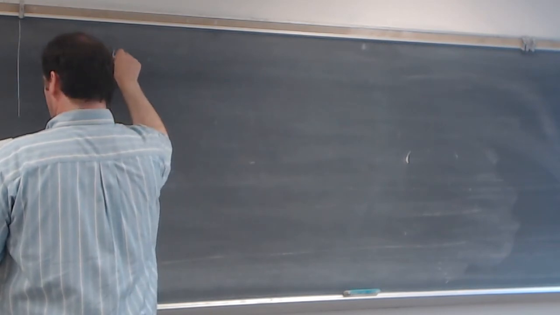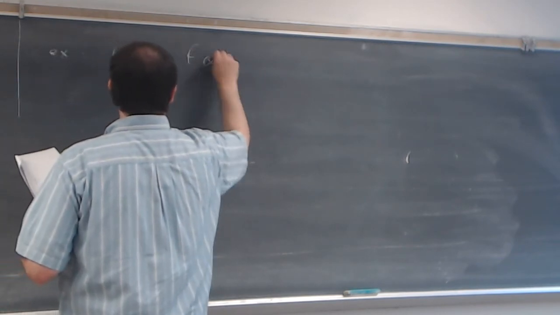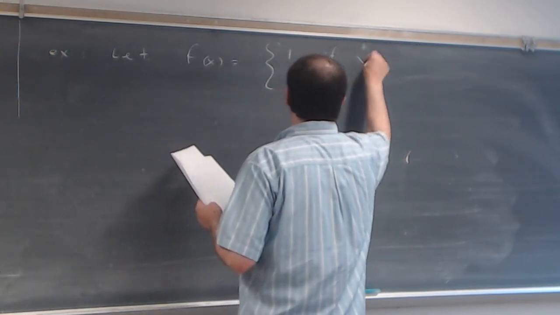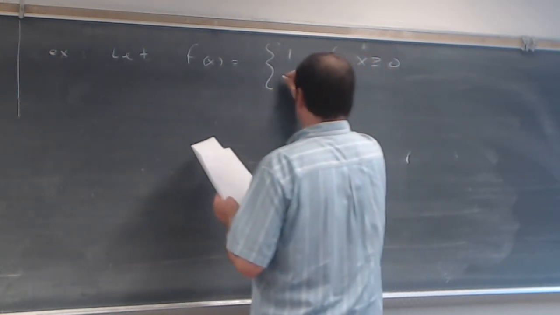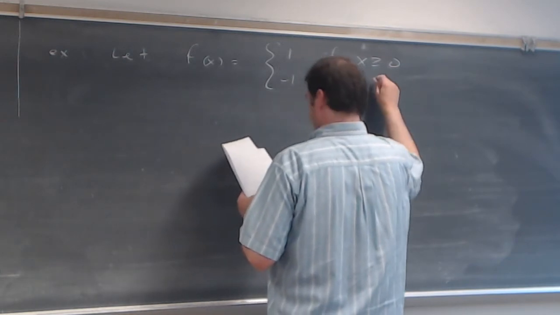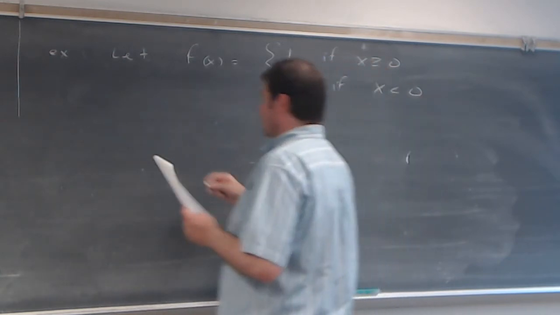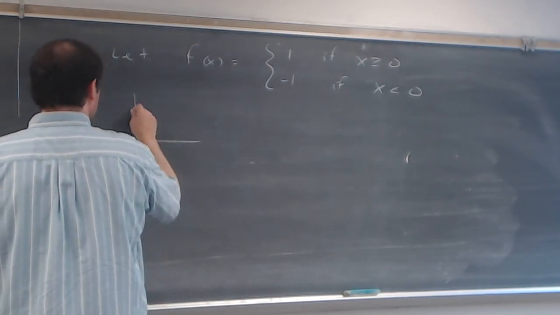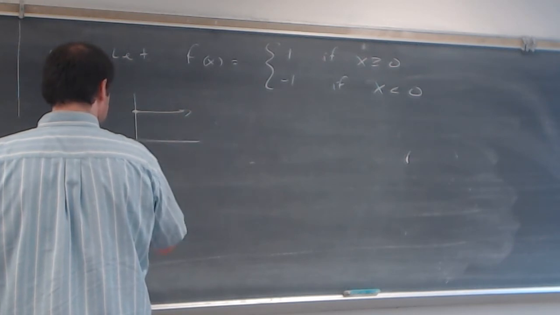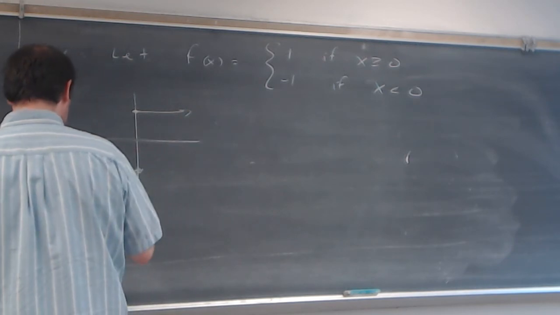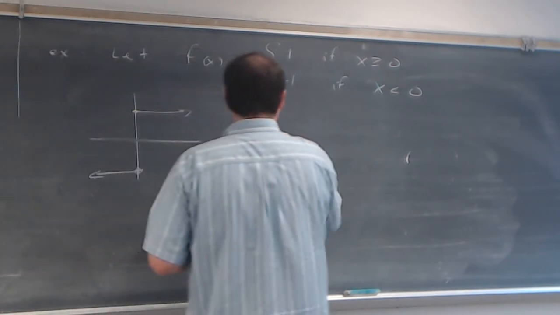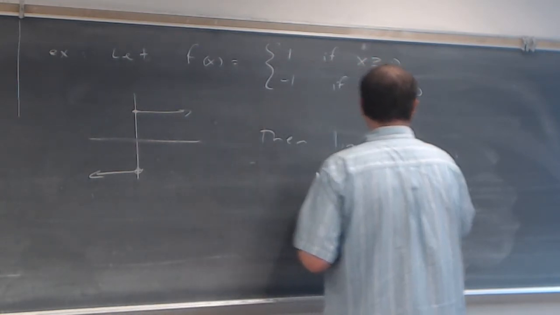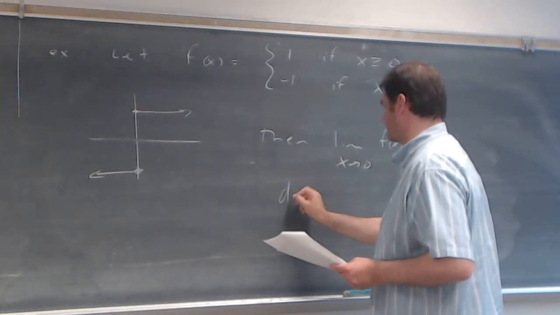Okay. If we let f of x be defined in this piecewise manner, that it's 1 if x is greater than or equal to 0, and it's minus 1 if x is less than 0. Here's its picture. 1's here, looks like this. Minus 1's here, it looks like this. Then I just want to tell you that the limit as x goes to 0 of f of x does not exist.